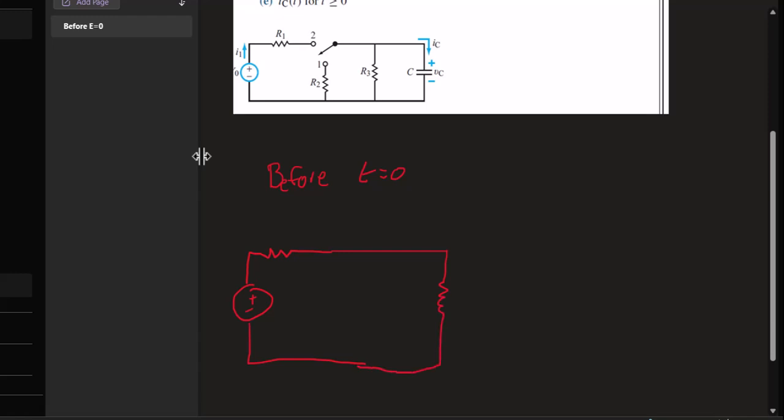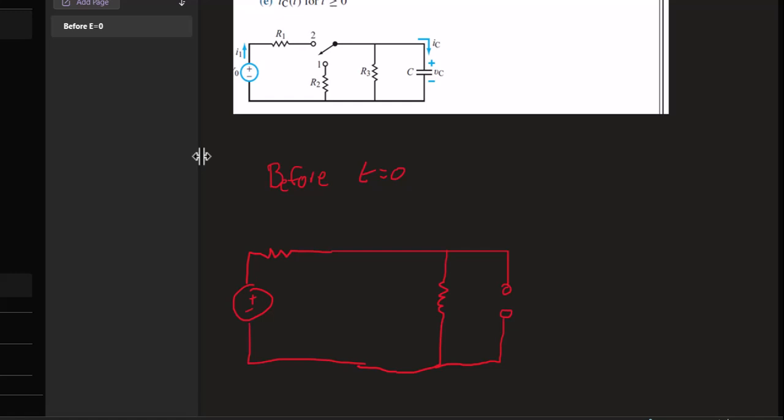And so that means that resistor R2 is not connected to anything. And it means that our capacitor, I'm going to draw it as an open circuit because if it's been sitting under DC conditions for a long time, it'll be an open circuit. You can also draw it as an instantaneous battery if you want to do that.